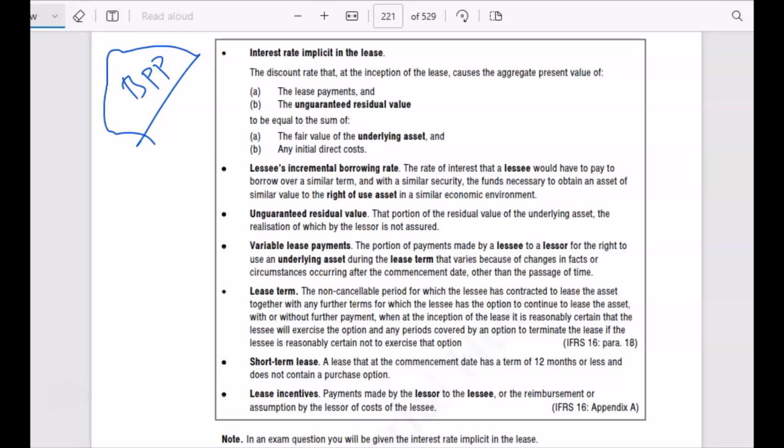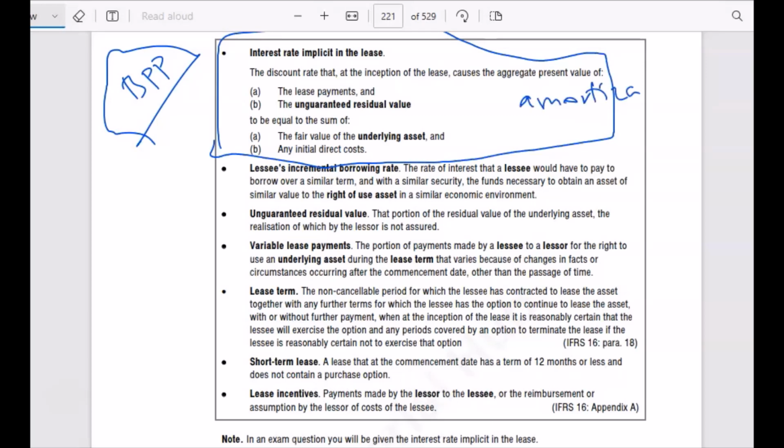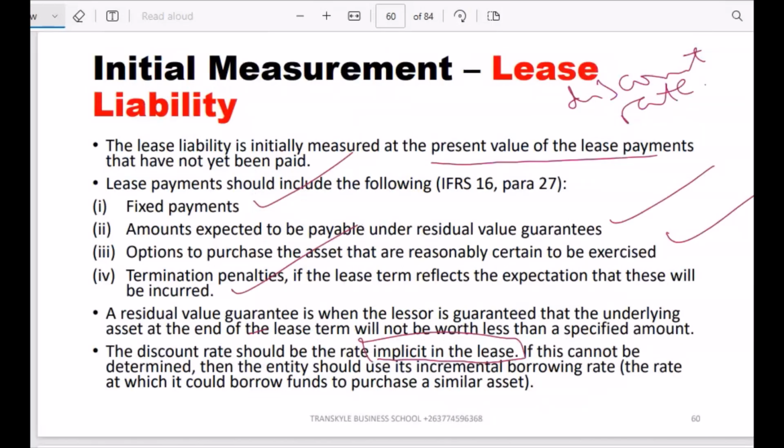So, in other words, we are talking of the discount rate for amortization of the lease. All right, because by the end of the day, we should narrow down to a figure that is equal to the amount that was required. So you will see as we do this amortization.